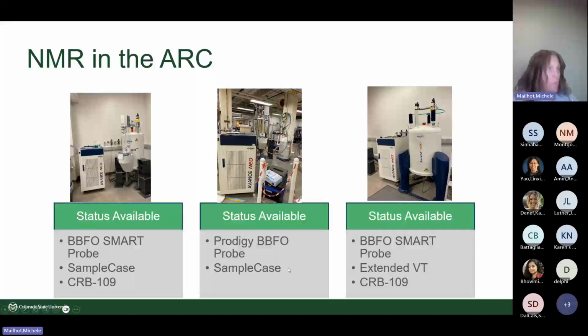That's great if you have a small amount of material, say you spend 6 months making some perfect protein and you only have like 0.5 milligram. This is the probe where you would want to do your structure characterization because you get the most signal per scan.